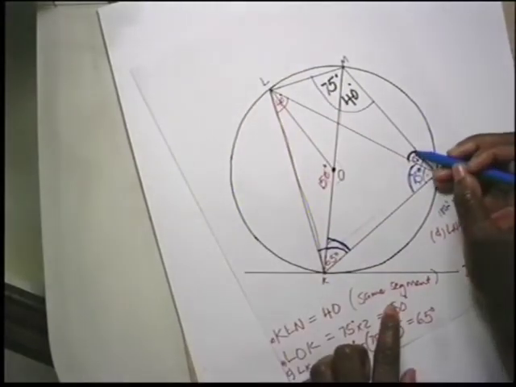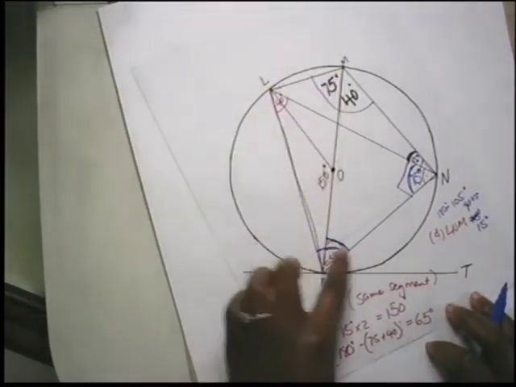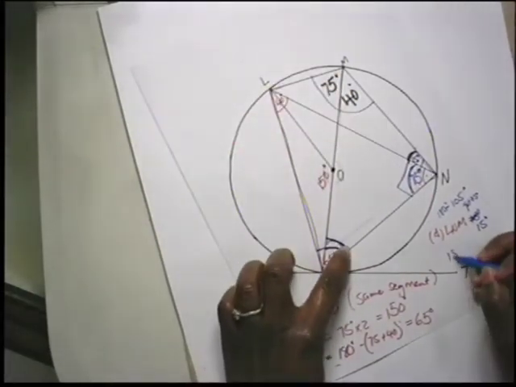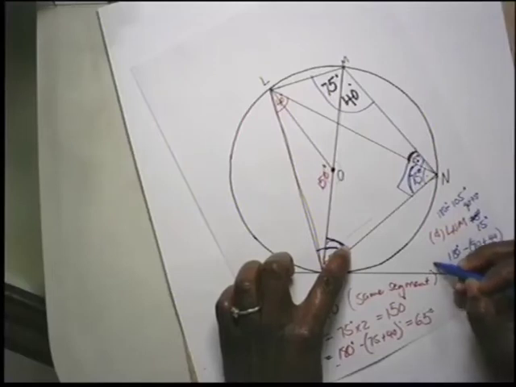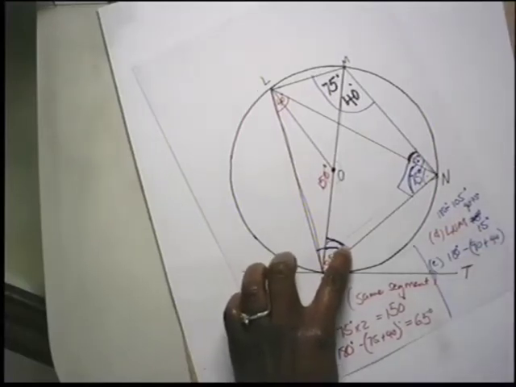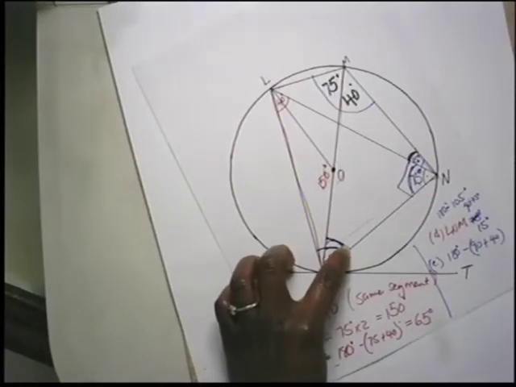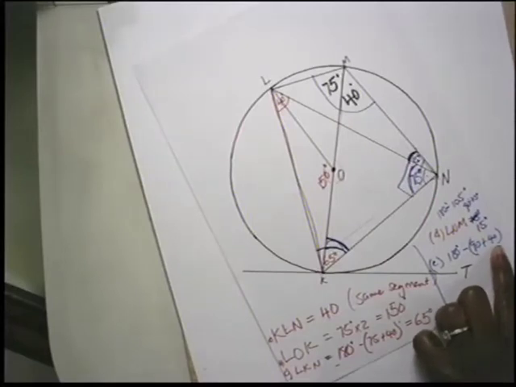We know that this is 90 degrees here at the corner. This is 40 degrees here. So how can we get this angle? It's going to be 180 degrees minus 90 plus 40 degrees. Okay, so just put E there. This is what we are going to get. 180 minus 90 plus 40 gives us 130.